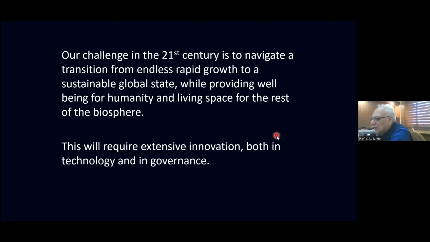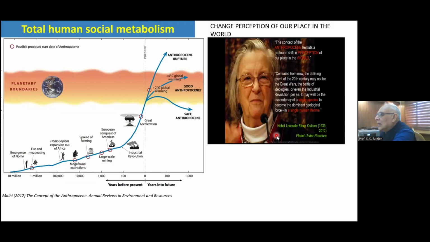Now, that is a very profound statement. Remember, we have to provide living space for the rest of the biosphere. Have we done that? This will require extensive innovation both in technology and in governance. So the total human social metabolism essentially has been captured here. The emergence of Homo, fire and meat-eating, Homo sapiens, expansion out of Africa, spread of farming, European conquest of the Americas, the Great Acceleration.